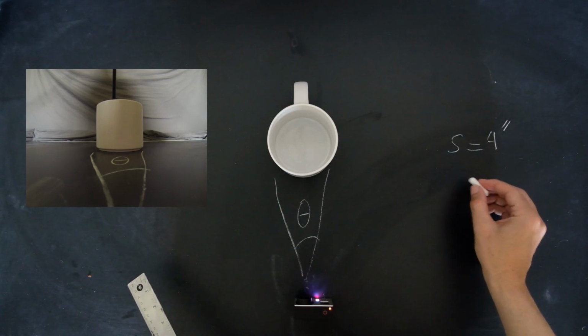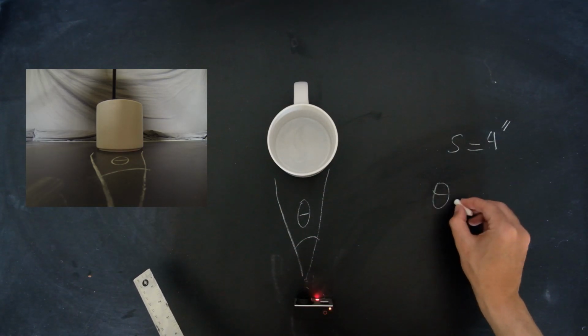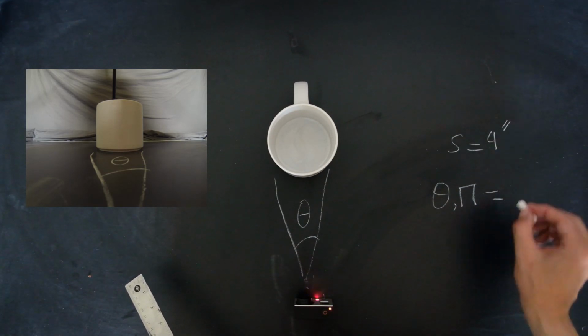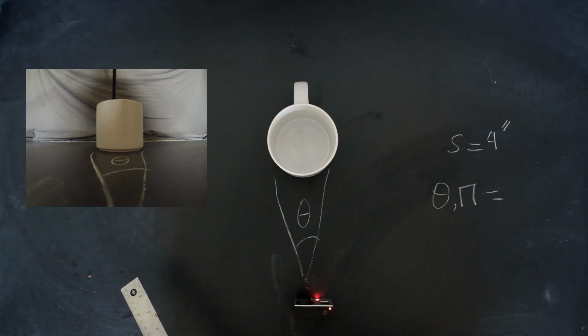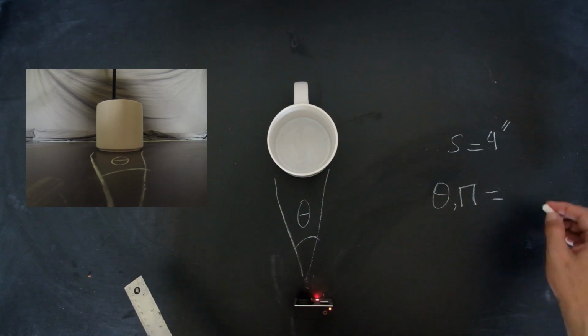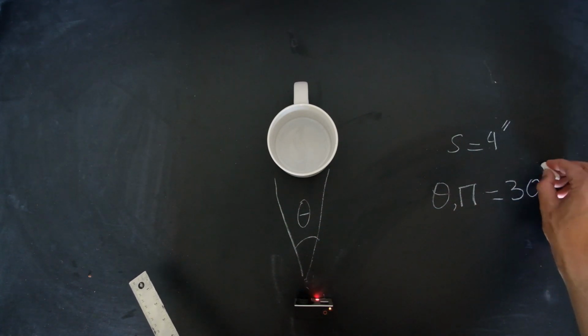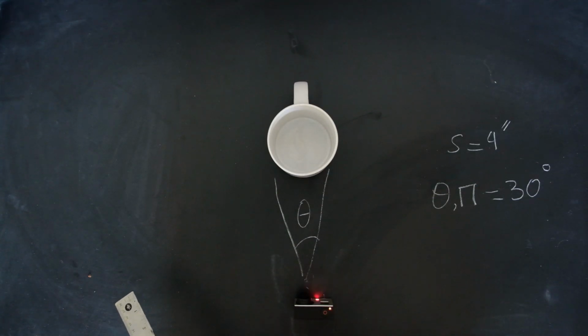So theta or pi is the angle. And let's say this angle is 30 degrees. And the first thing you notice is this unit.